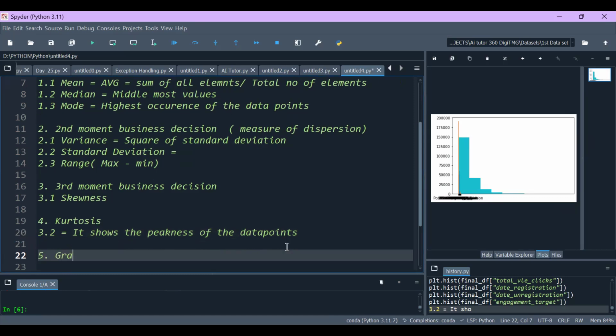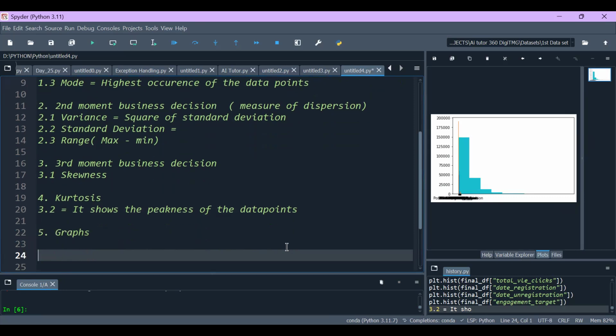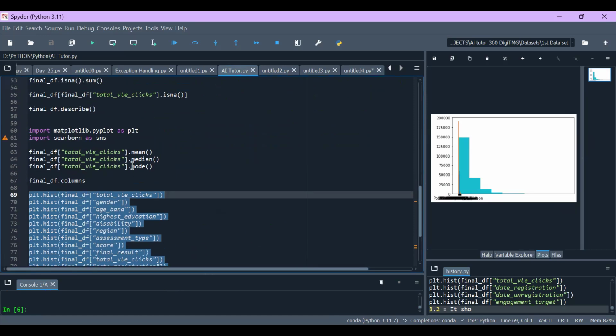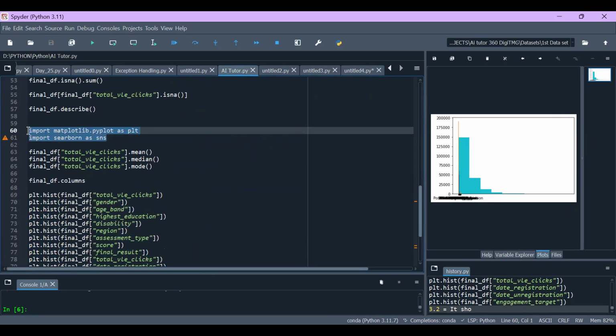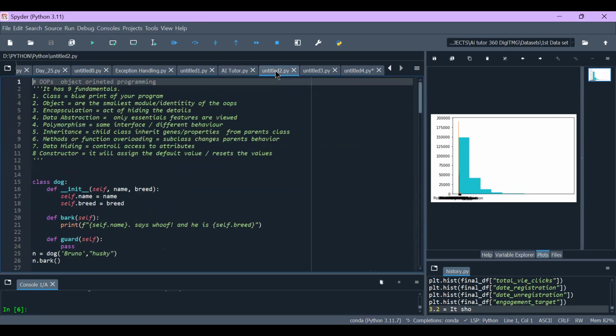And what is the fifth? Fifth is graphs. In my file, you can see that for this you have to import two things, matplotlib and seaborn.